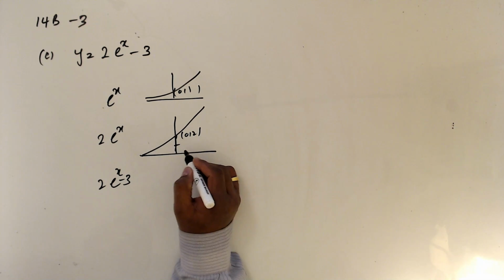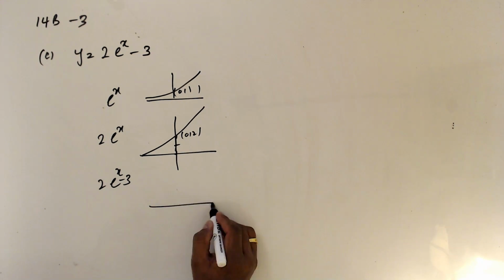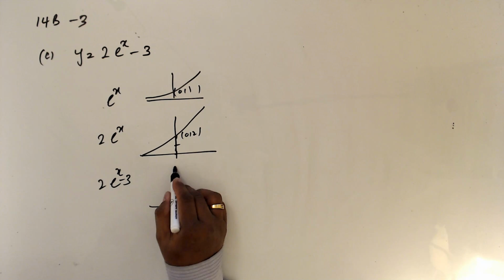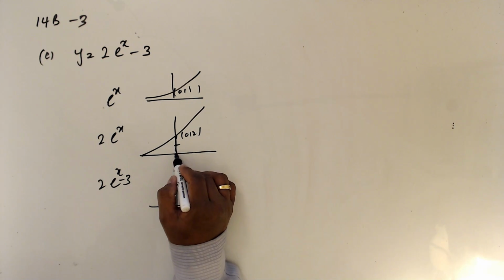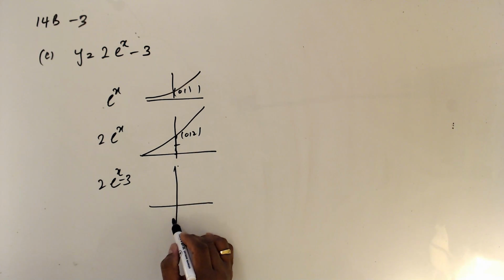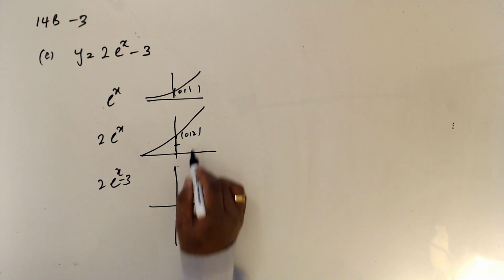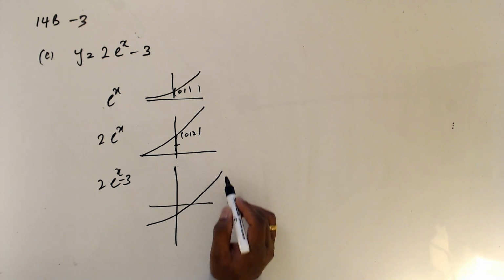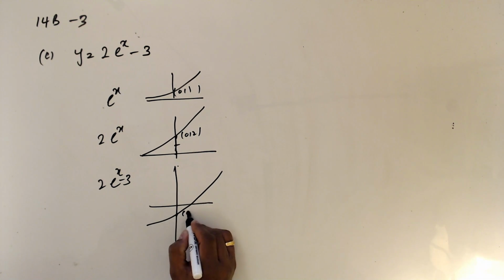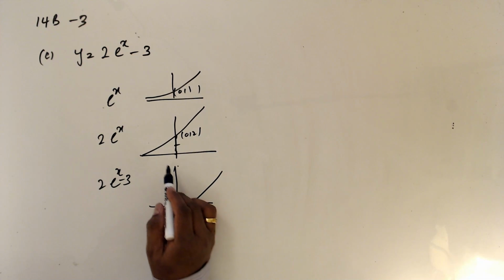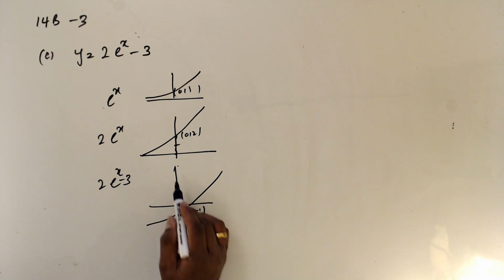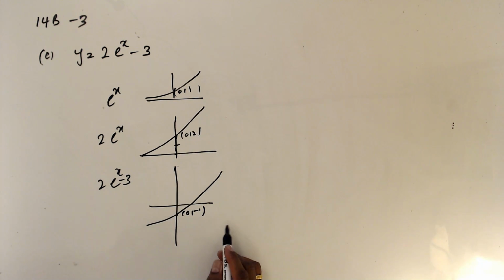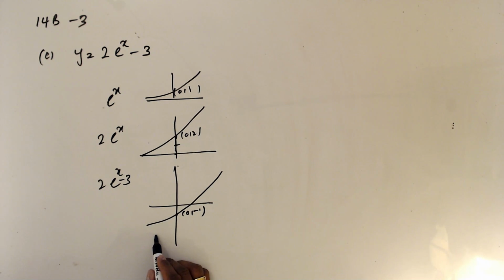So you want to bring it down 1, 2, 3. In that case, this 2 becomes minus 1. This is (0, -1). And this 0 line becomes minus 3.